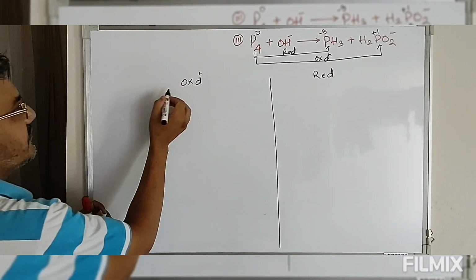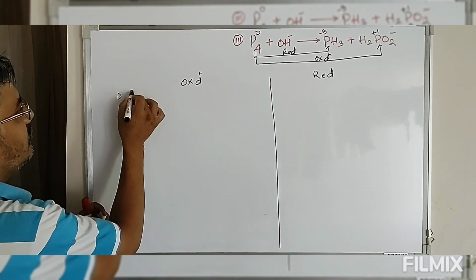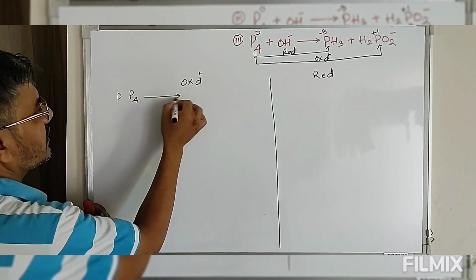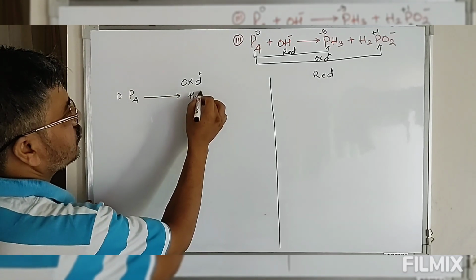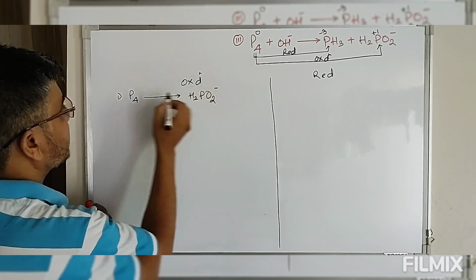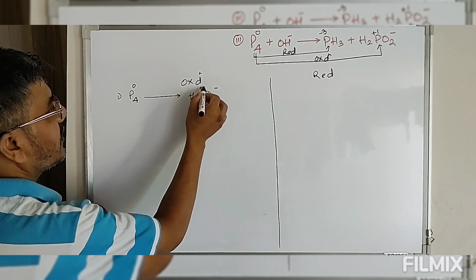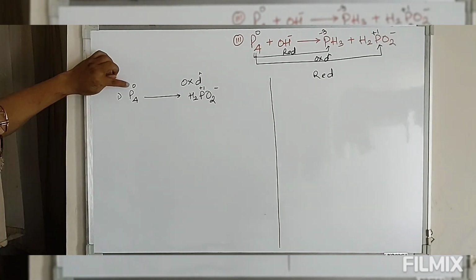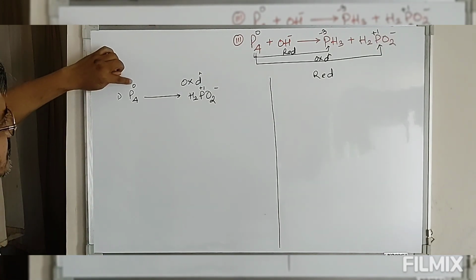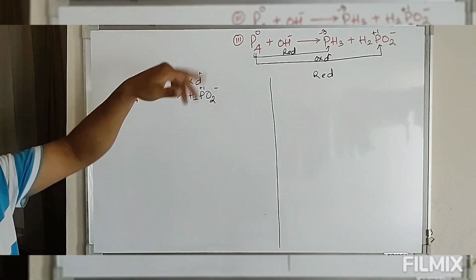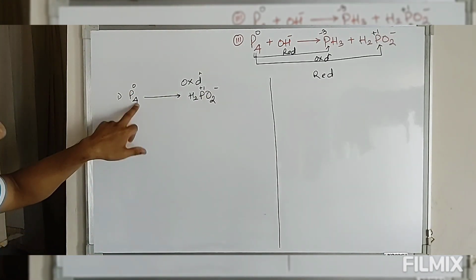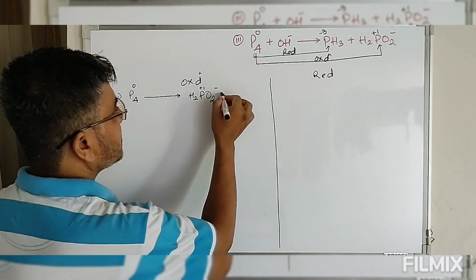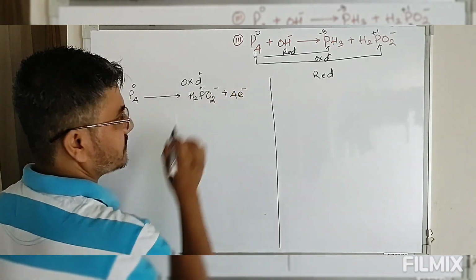The oxidation half is P4 getting oxidized to H2PO2 minus, this is 0, this is +1. Now look at this, phosphorus is getting oxidized from 0 to +1, 1 electron. How many phosphorus? 4. So there must be release of 4 electrons.